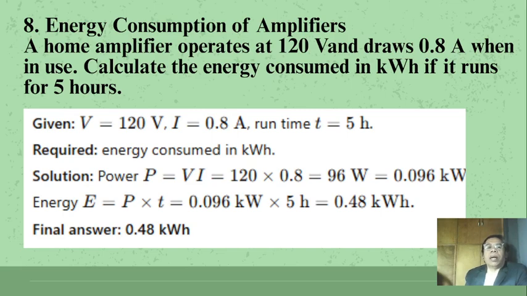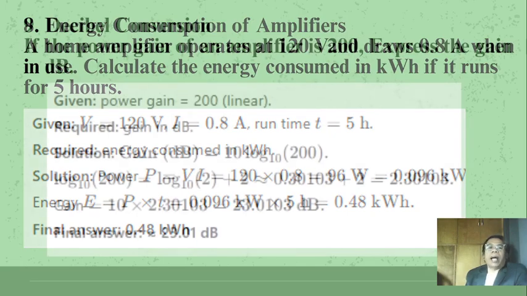We are required the energy consumed in kilowatt hours. Solution, power P is equal to VI. Substitute the given data. The answer is 0.096 kilowatt. And the energy E is equal to the power times the time T. Substitute the calculated power multiplied by the time. We now have a final answer of 0.48 kilowatt hour.